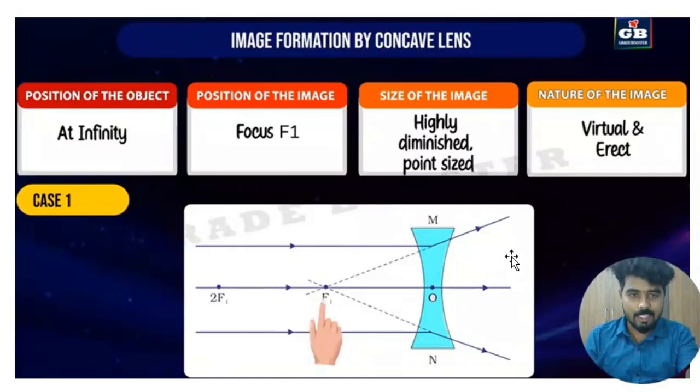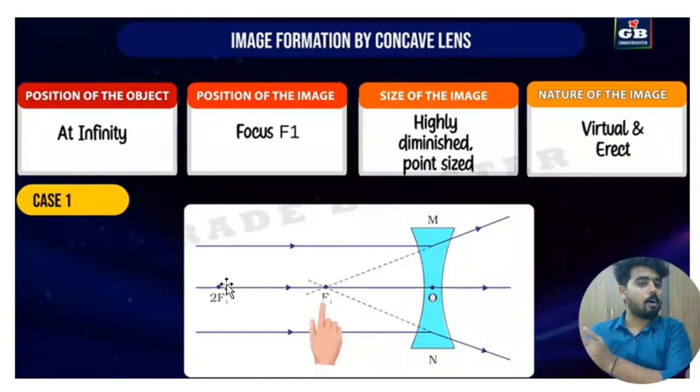Here in this ray diagram, we can clearly see that the object is placed at infinity. So I'm going to place the object far away from the lens. So where am I going to get the image? The image will be formed at the focus because we already know the first rule.